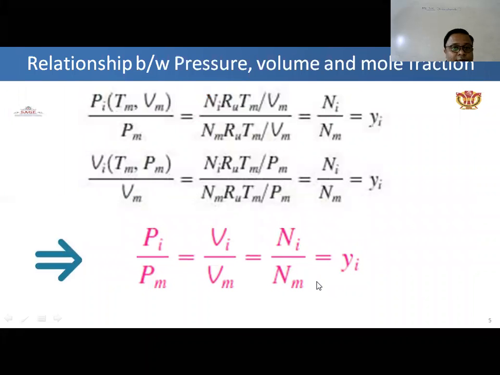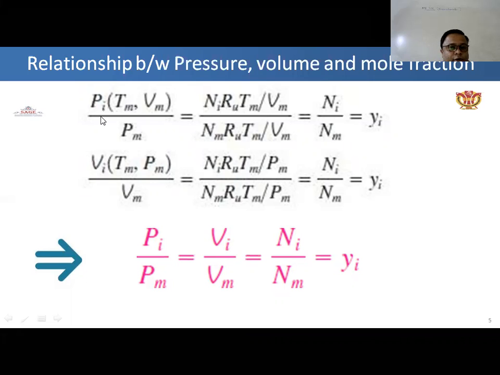This is the relationship between pressure, volume, and mole fraction. Here the pressure relationship is given in terms of pressure, volume, and mole fraction. Pi is the pressure of the individual gas, and Pm is the mixture pressure. Vi is the individual gas volume, and Vm is the mixture gas volume. The mole fraction is Ni upon Nm.